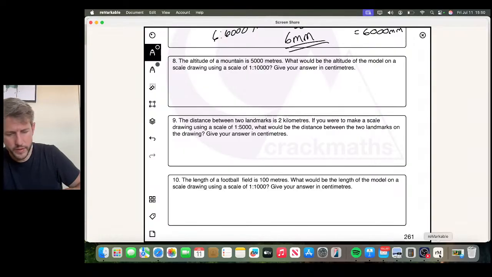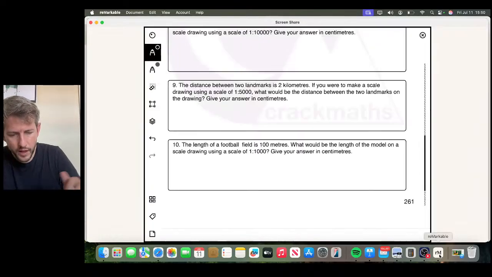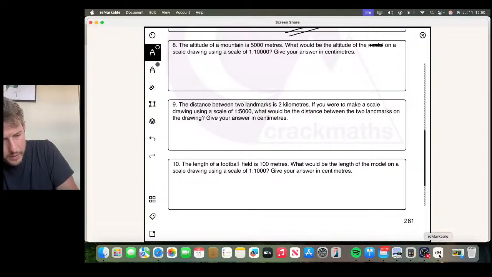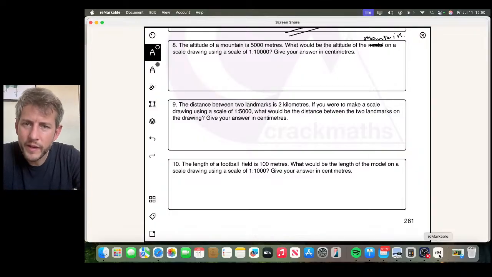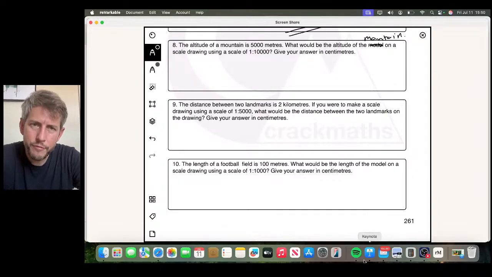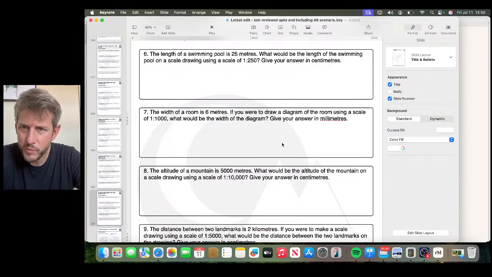Right, so here we go. Drawings aren't 3D. This is where I wanted to use the word model.